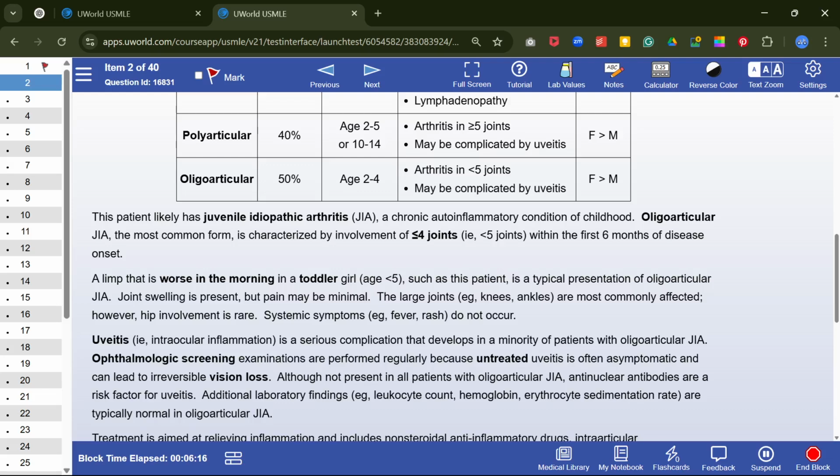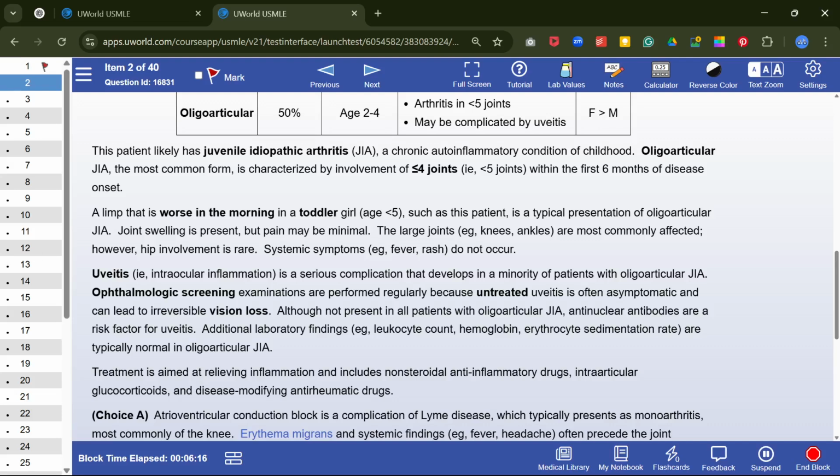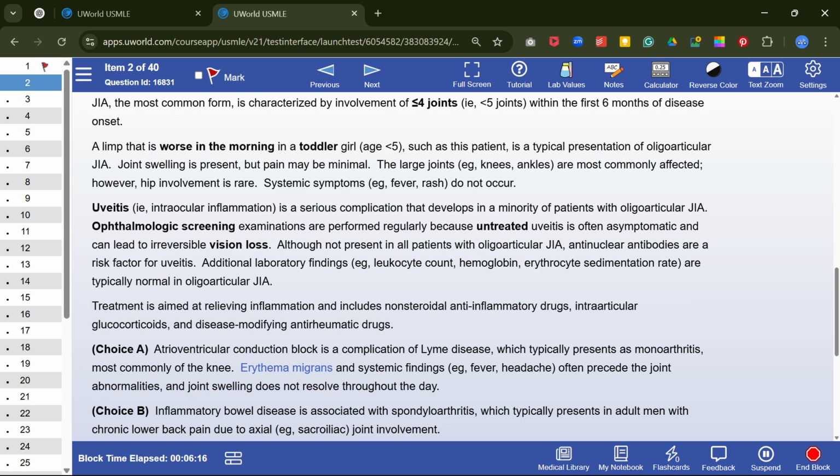Although not present in all patients with oligoarticular JIA, antinuclear antibody is a risk factor for uveitis. Additional lab findings, leukocyte count, hemoglobin, and ESR, are typically normal in oligoarticular JIA.